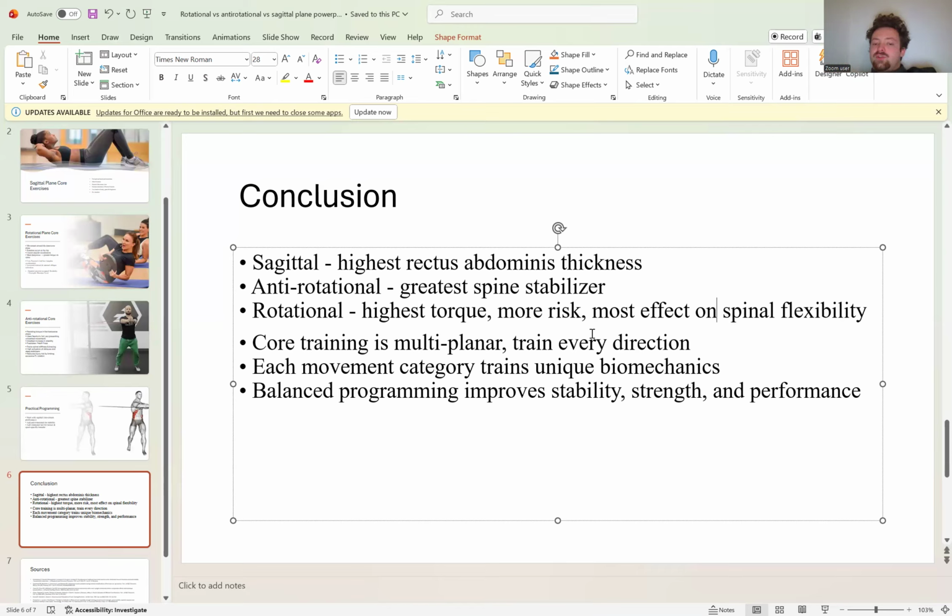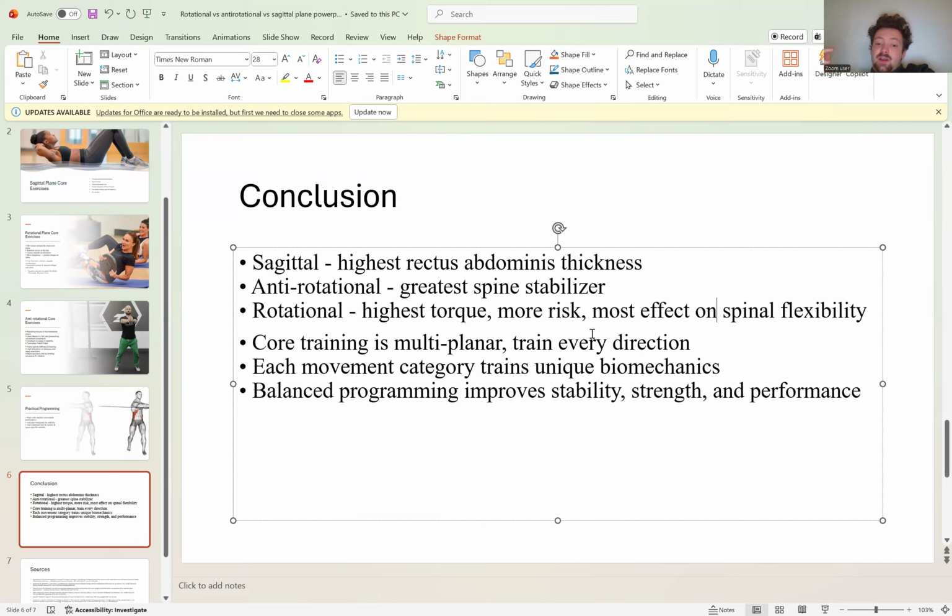So, core training, like any other exercise, is multiplanar, right? You want to train every single direction, preferably sagittal first, then your anti-rotational, and then your rotational movements, just so that you do not risk the injury, right?